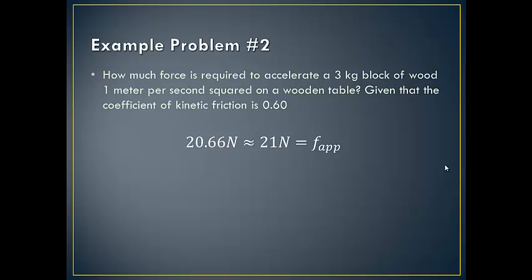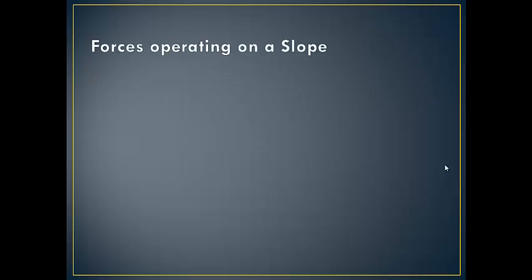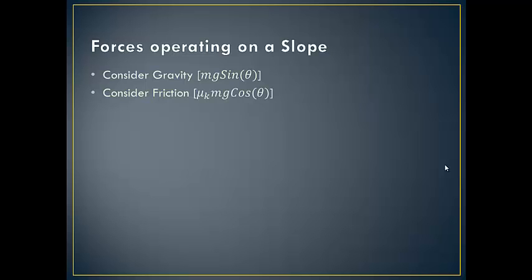Okay. Moving on to force operating on a slope. Now, in order to perform this calculation, we must first of all consider gravity, which is equal to mass times gravity multiplied by sine theta. And we also must consider friction, which is equal to mu k times cos theta.